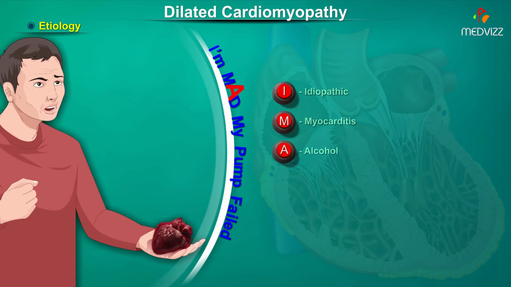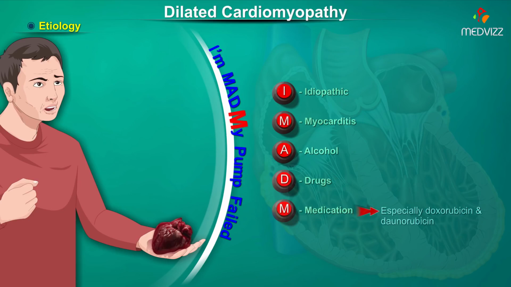A stands for alcohol, where excessive alcohol consumption leads to acetaldehyde metabolite toxicity and/or thiamine deficiency. D stands for drugs, especially cocaine. M stands for medication, especially doxorubicin and daunorubicin.